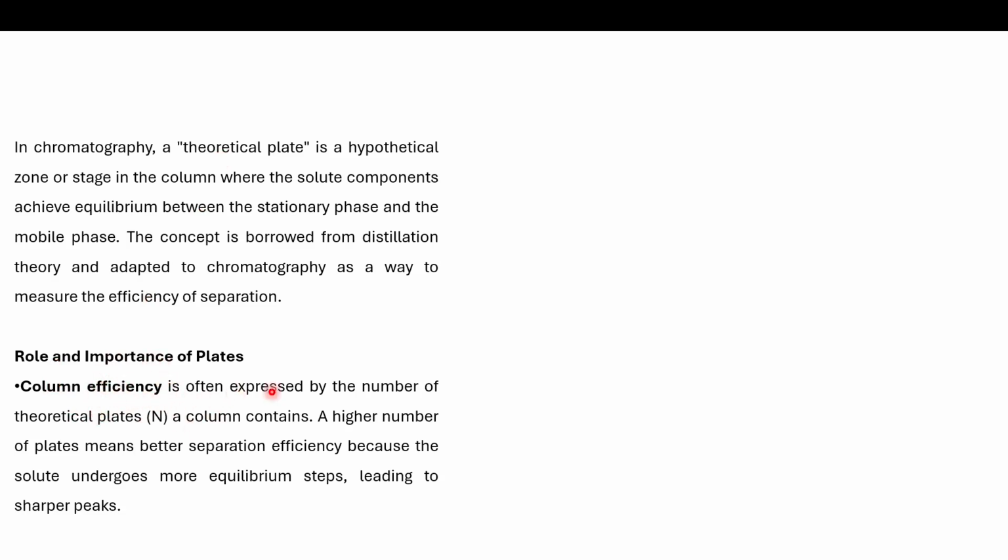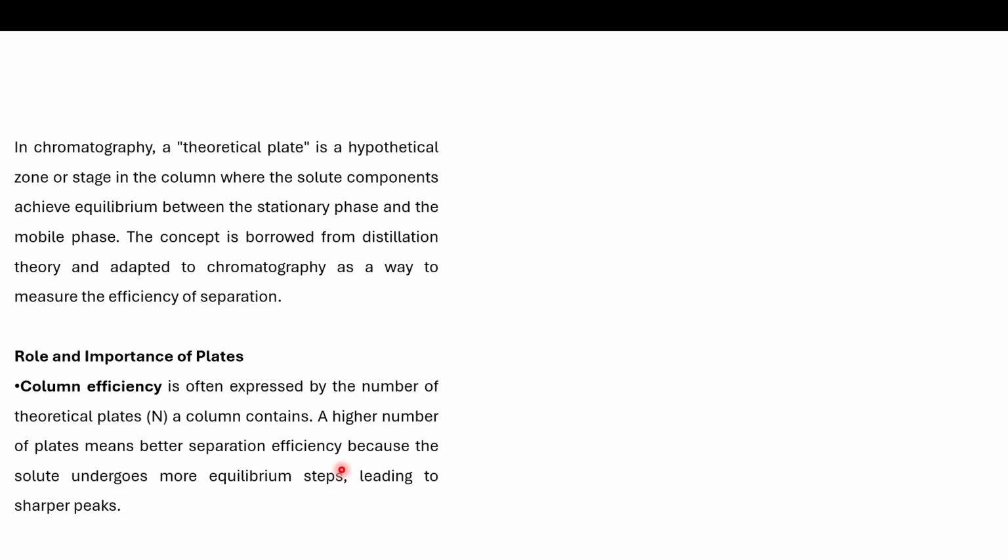So what is column efficiency? The number of theoretical plates that a chromatographic column contains. So the higher the number of plates, the better separation efficiency that the chromatographic column can have, because the solute is undergoing more equilibration steps at each of these zones, right? So hence the separation will be much sharper and much more distinct.